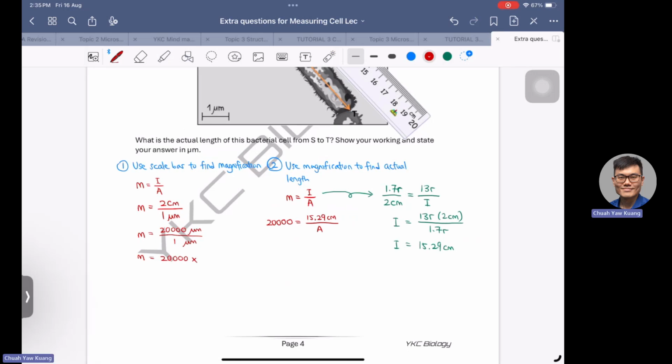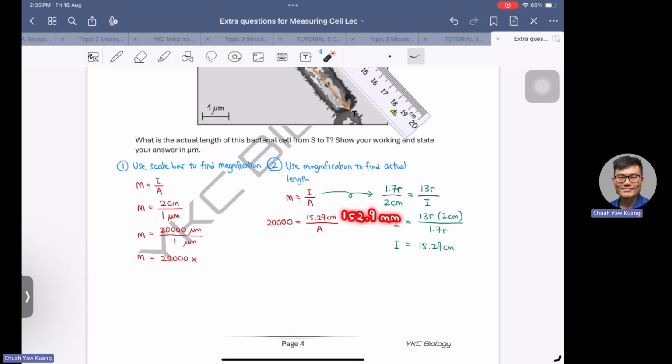Same thing again, I don't use the cm because the size of the cell is normally in micrometers. So we will change the unit from cm to micrometer. To change from cm, it should become millimeters first, so it times 10. So it becomes 152.9 mm.